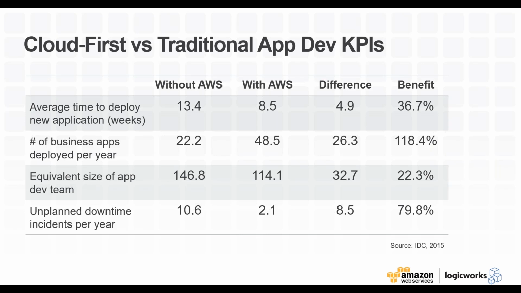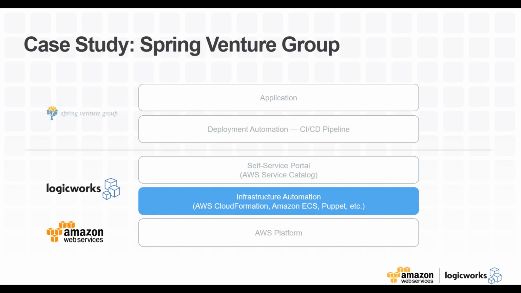The size of your development teams can be 22% smaller, so that's a lower investment for faster time to market. And as you can see, unplanned downtime incidents are reduced by 80%, so more stability on the platform as well with a cloud-first approach.